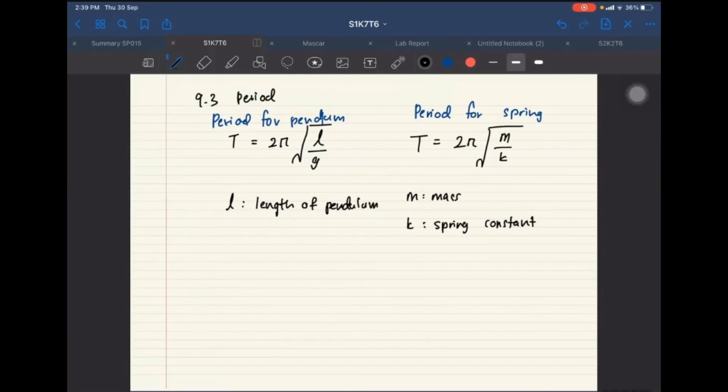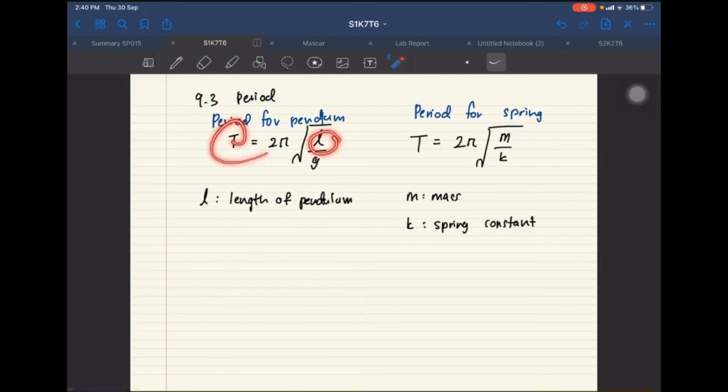Dulu lah, dia pernah tanya sekali, what happened when the pendulum experiment is being conducted on the moon, at the moon, sorry. Dia tak buat dekat bumi, dia buat kat bulan. So you will expect that the gravity will be less kan. So what happened with the period? Okay, itu soalan yang pernah ditanya lah dulu-dulu. And then biasanya kalau soalan ni sebab dia simple sangat, if they give you information of the length, you can straight away find the period, right?